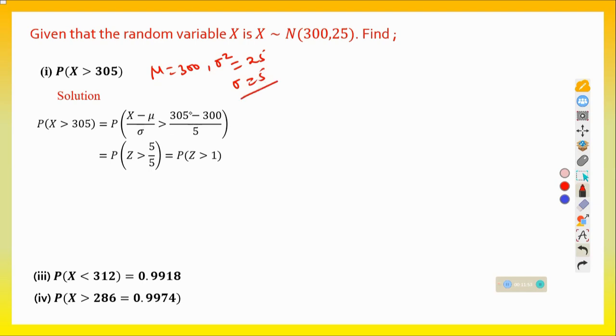That's why we are using 305 here. From there, we have 0.5, because it is greater, so it becomes minus the table reading of 1, which we have already seen.